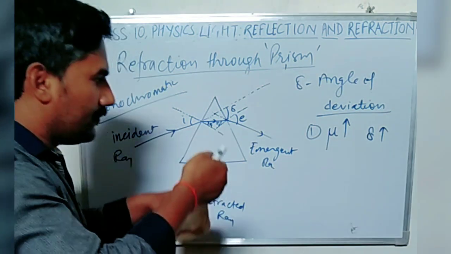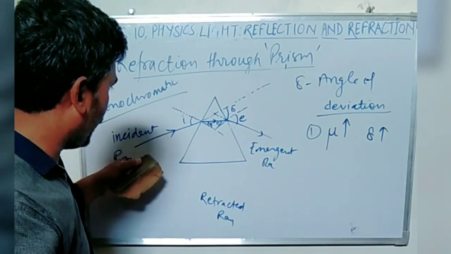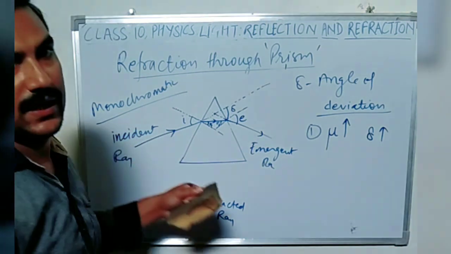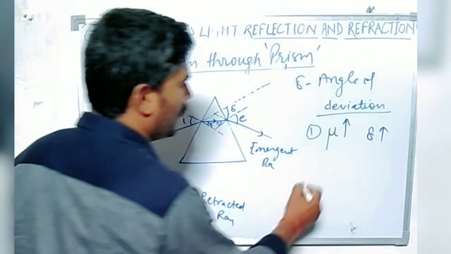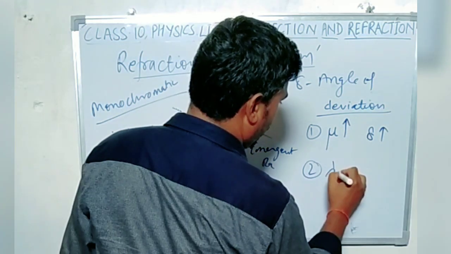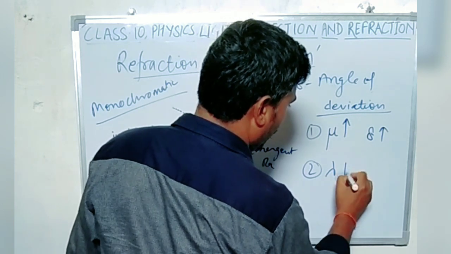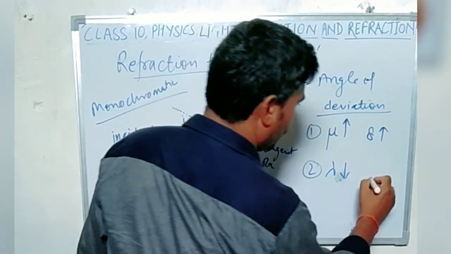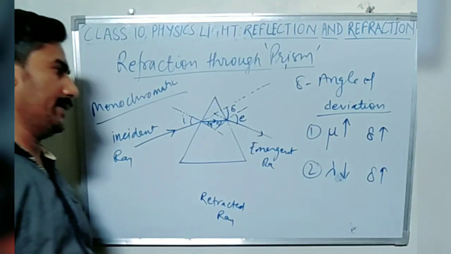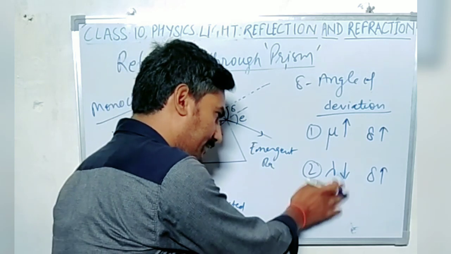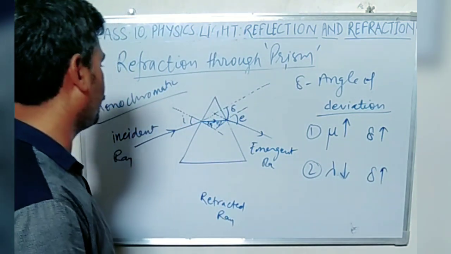Because the minimum wavelength of any incident ray will give us a greater angle of deviation. So if the wavelength is lesser, the angle of deviation by the prism is higher. If the wavelength is decreased, the angle of deviation will be increased.